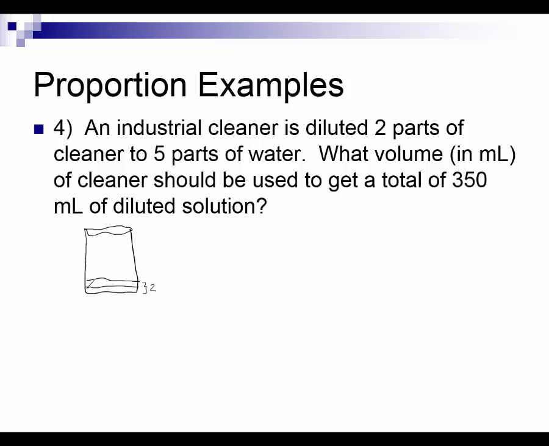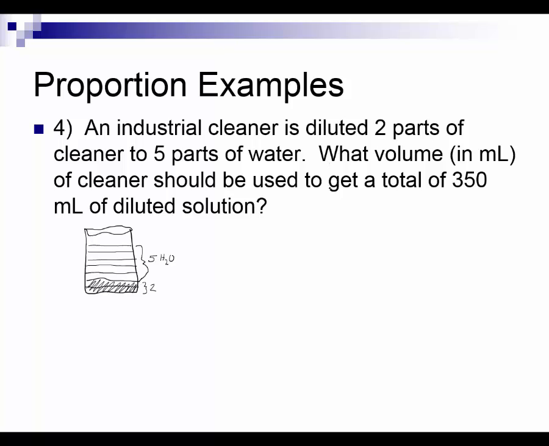I'm going to color that dark so we know those 2 parts are the cleaner. And then the parts have to be equal, so we have 1, 2, 3, 4, 5 parts of water.